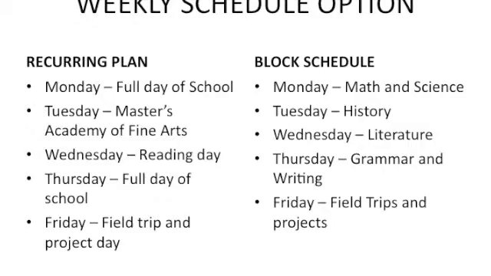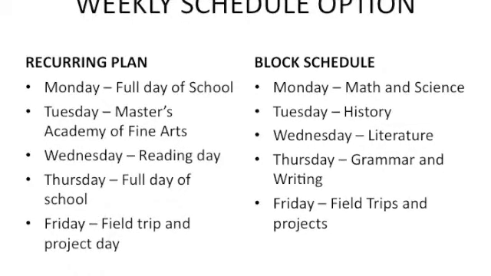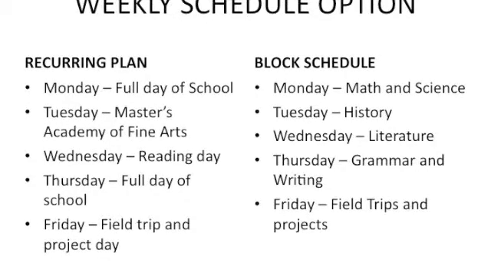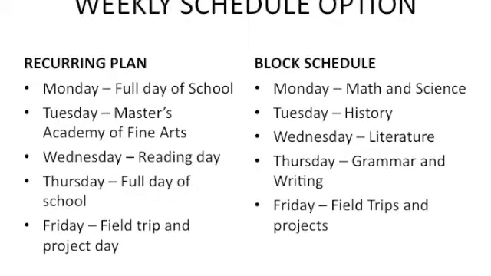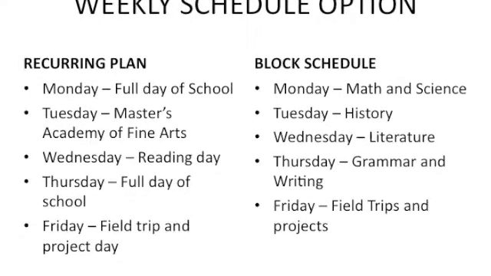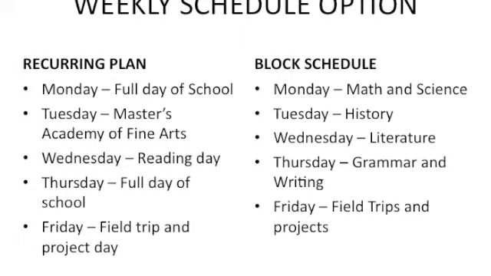So on Mondays, maybe study math and science. Tuesday, history. Wednesday, literature. Thursday, grammar and writing. Friday, field trips and projects. Or you could use a combination of all of the above. It's totally up to you. But the main thing is that you have the year planned out, you know what all is going to be covered, and then you can take the pieces and put them wherever you want them to be.